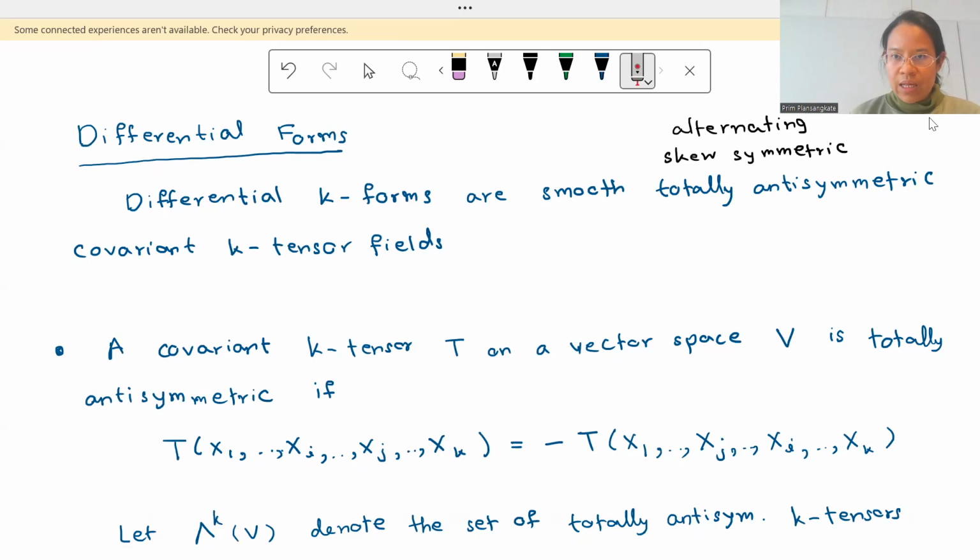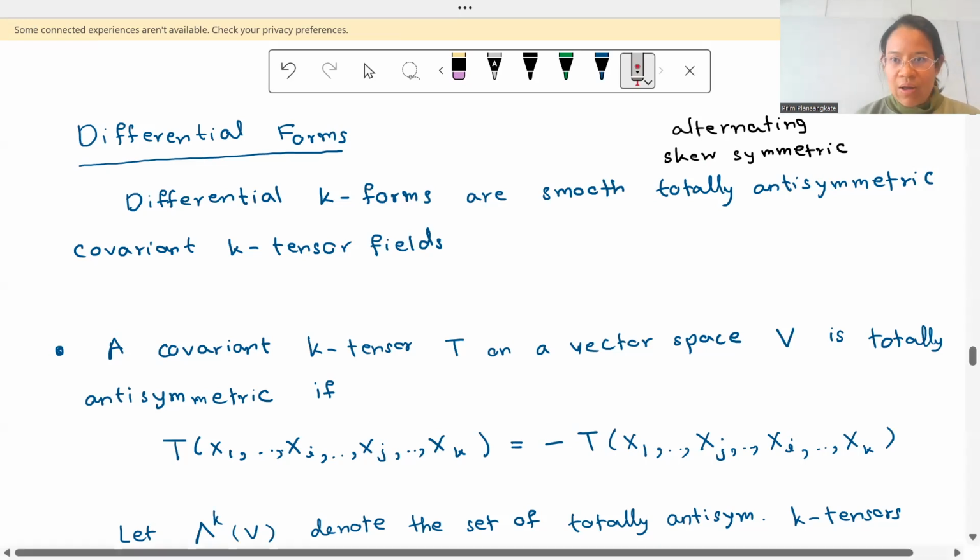Right, so let me start by reminding you what I mean by totally antisymmetric, starting with a covariant tensor just on the vector space, not going to the manifold yet. We say that a K tensor is totally antisymmetric if its value when it acts on K vectors changes sign whenever you interchange a pair of arguments.